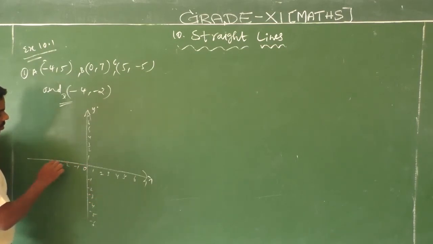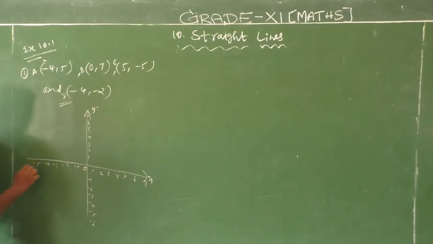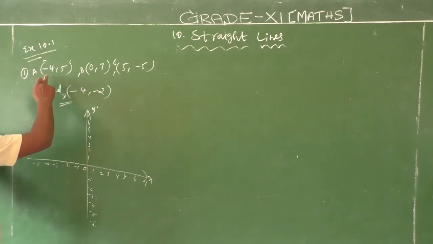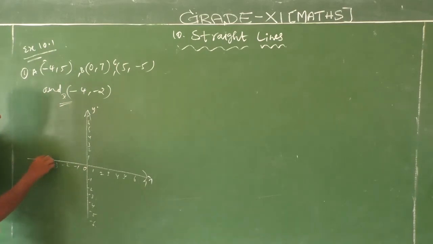Right. Plot these points. First point, A is (minus 4, 5). Here minus 4 is left hand side and 5 is above the x-axis. This is (minus 4, 5), this is A.